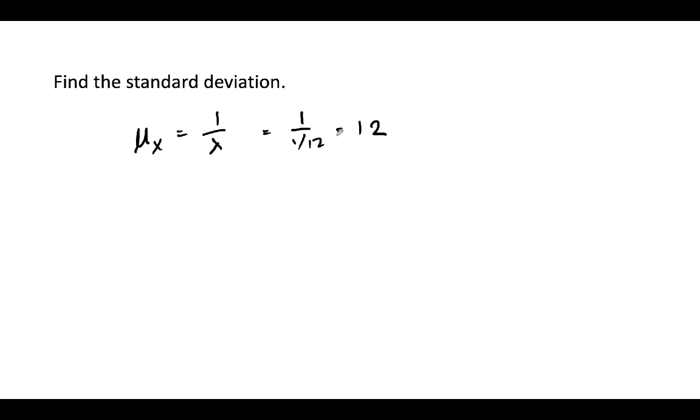Oh, well, actually, I misread the question. This was standard deviation, not the mean, right? But for the exponential function, the standard deviation is the mean. So I did get the right answer, even though I wrote the wrong thing here. The standard deviation is also 12.